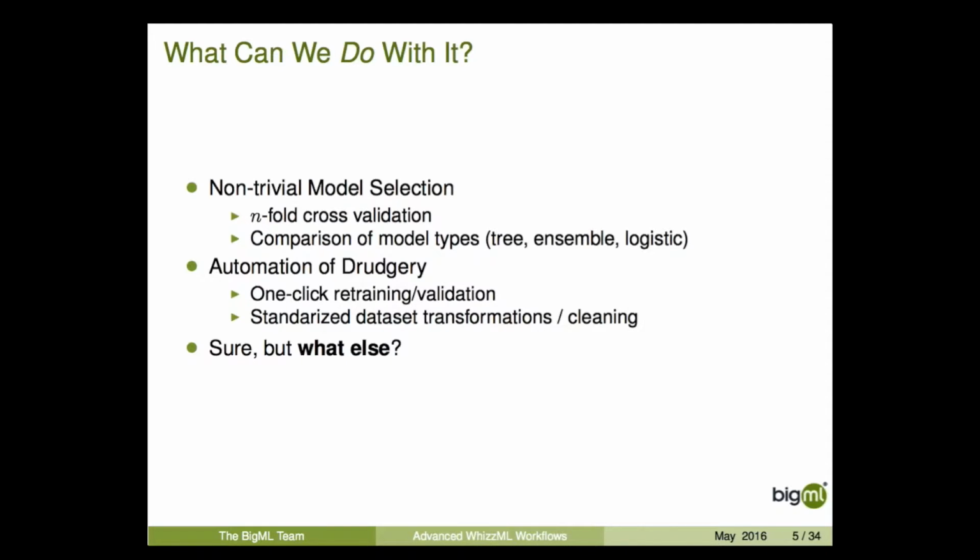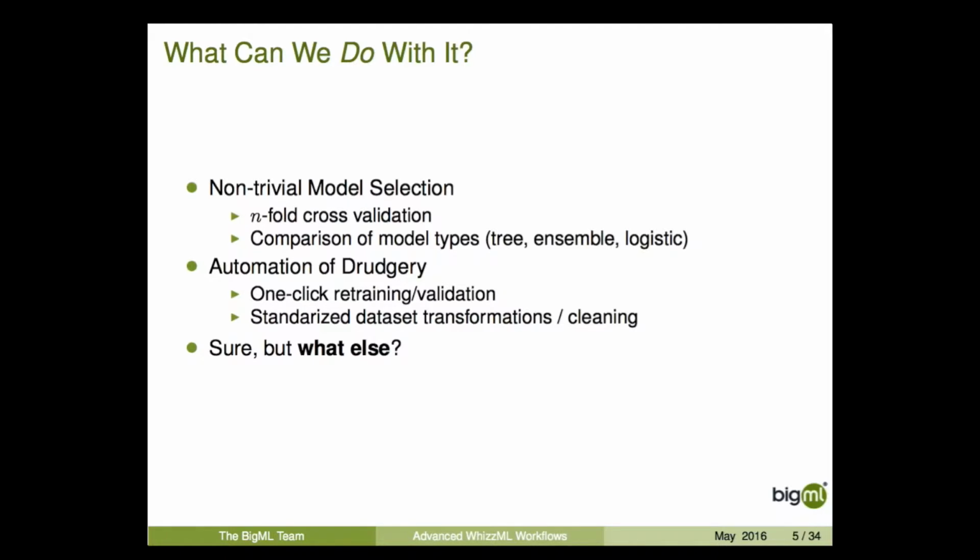If you have a particular data source that you always transform in a standard way, getting rid of certain features, composing certain features, you can standardize all those transformations and data cleaning operations in WhizzML so that you don't have to laboriously click through each bit of the UI to do those things.